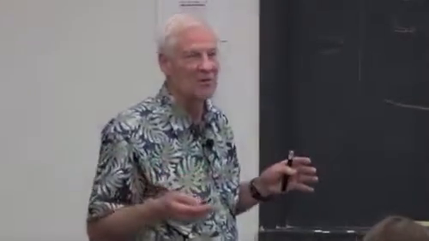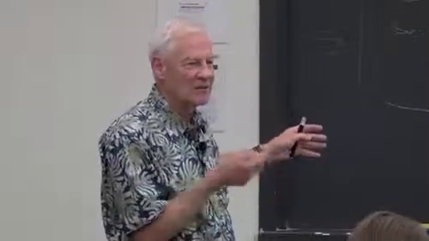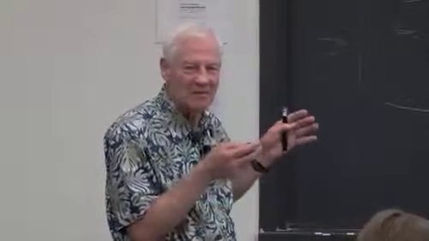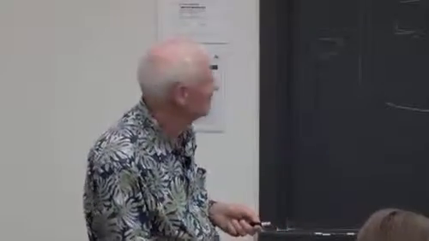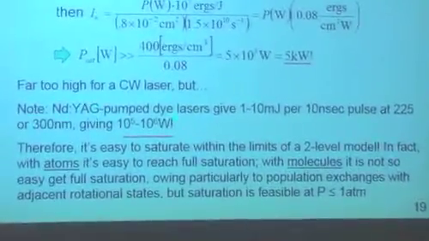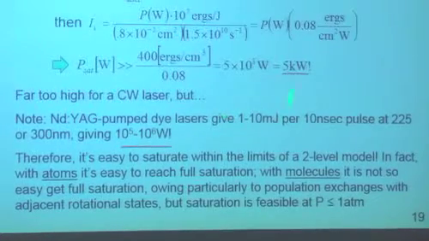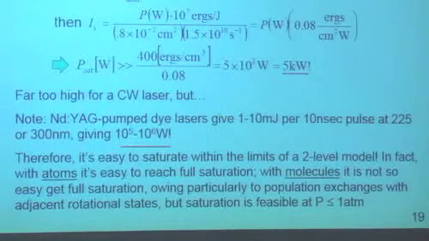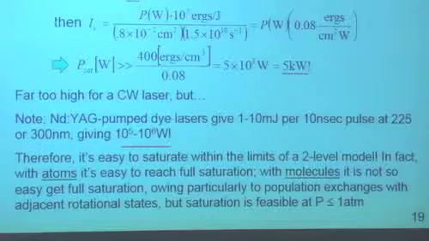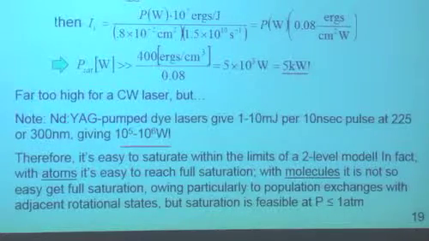And now maybe you're not so sure that you can do this. I was talking about milliwatts of absorption yesterday, and now we're talking kilowatts. Okay, sounds like it's way too high for a CW laser. But if you use a neodymium YAG pumped dye laser of modest capability, it can typically emit millijoules, maybe tens of millijoules, even in the UV with OH.